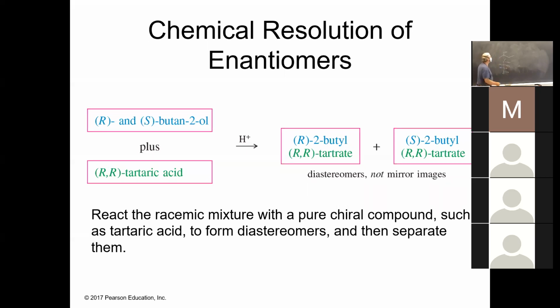If you take a carboxylic acid and an alcohol, you can make an ester, and that's what this is showing.